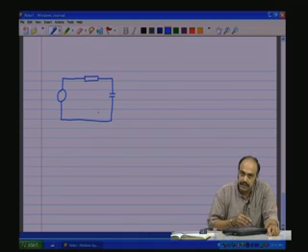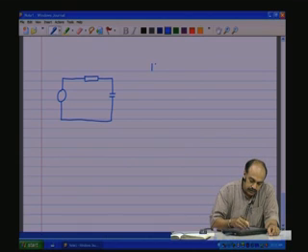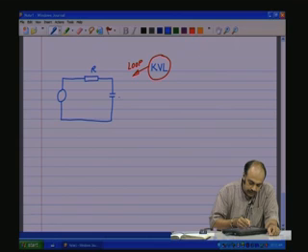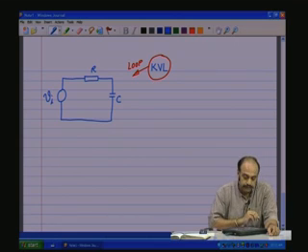And if it is a voltage junction, what should agree? The KVL should be obeyed. The Kirchhoff's voltage law should be obeyed for this loop. So here you have the R, you have the C, and you have the source, which is Vi.